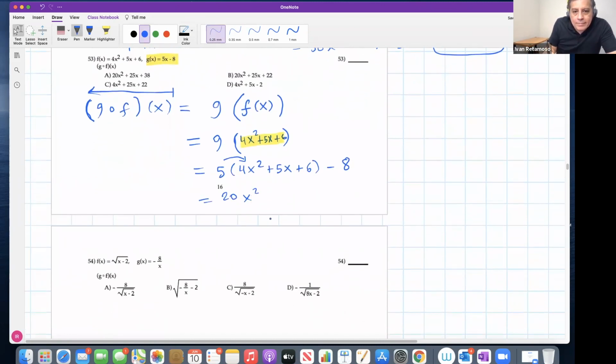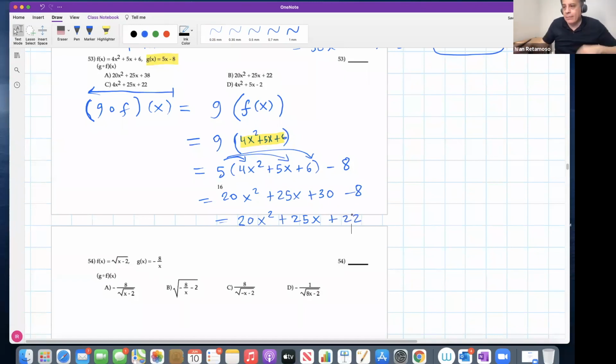Then we have 5 times 5, 25, x, and 5 times 6 is 30, minus 8. This should be 20x squared plus 25x, 30 minus 8, 22. And therefore, you can see that the answer is here, right? Yeah, great.